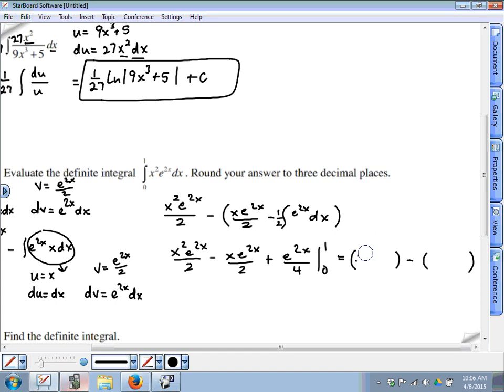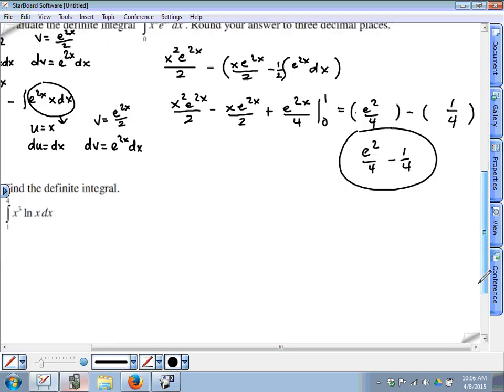So those would actually cancel each other out, and we need to plug in a 1 here, so that would be e squared over 4. And then when we plug in a 0, 0 times that disappears. 0 times that is 0. So it's going to be e to the 0 power, which is 1, divided by 4. So the answer is e squared over 4 minus 1/4.